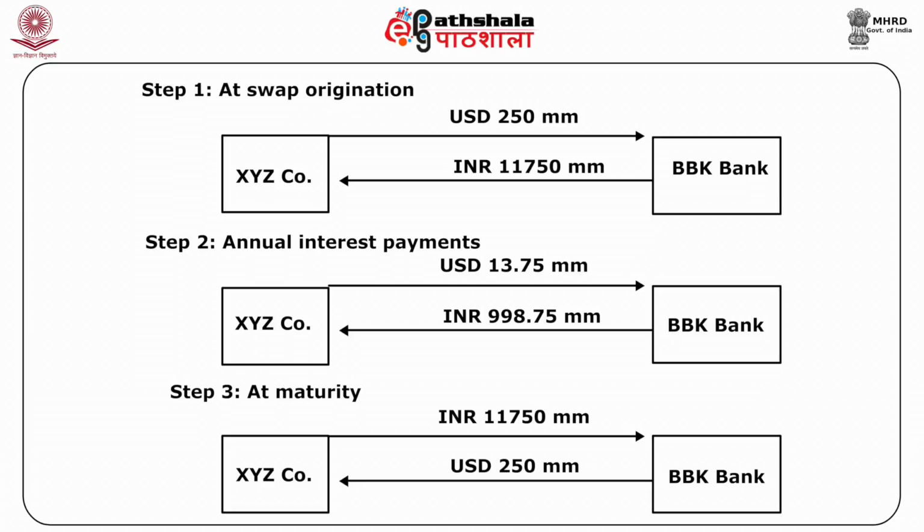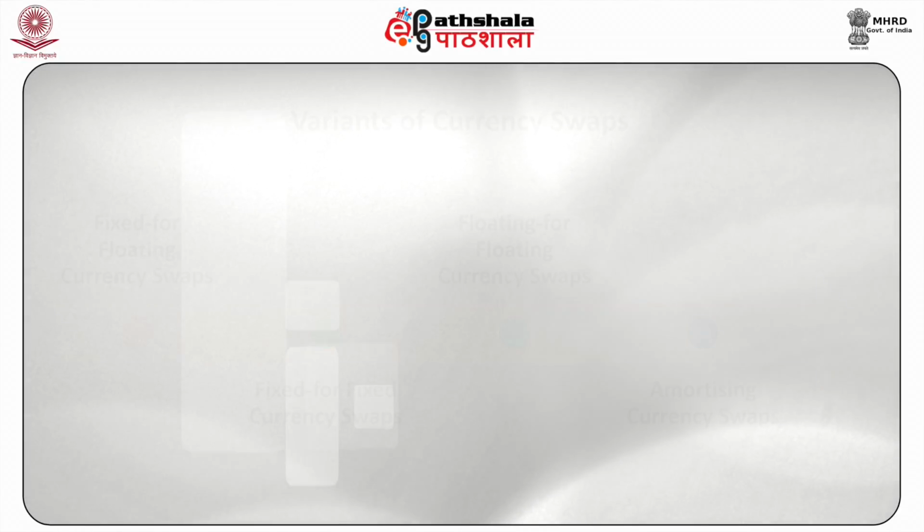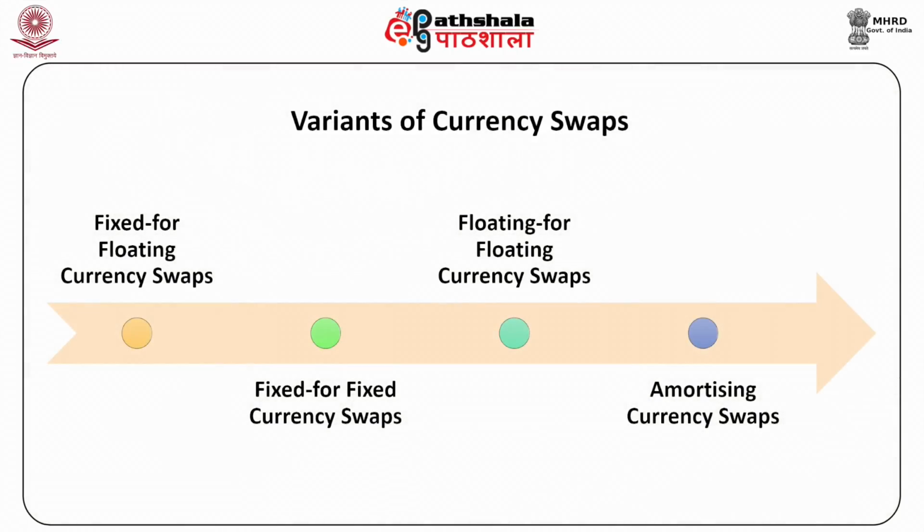Depending upon the client's requirement, banks structure swaps with varying features. Variants of currency swaps: like interest rate swaps, currency swaps have the following forms: fixed for floating currency swaps, fixed for fixed currency swaps, floating for floating currency swaps, and amortizing currency swaps.